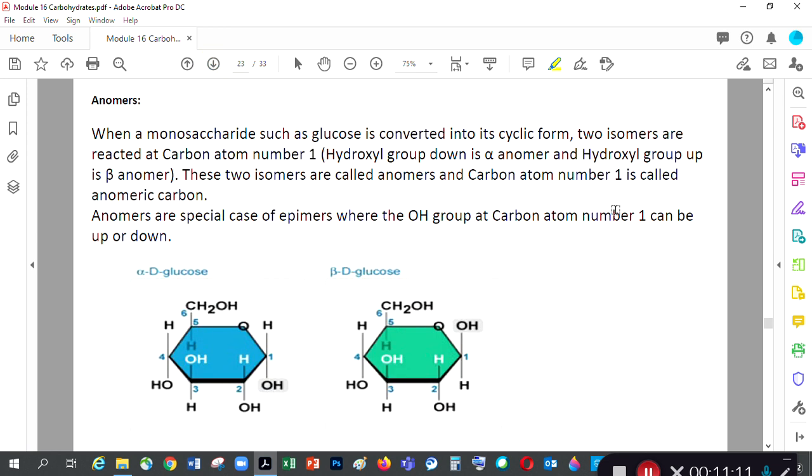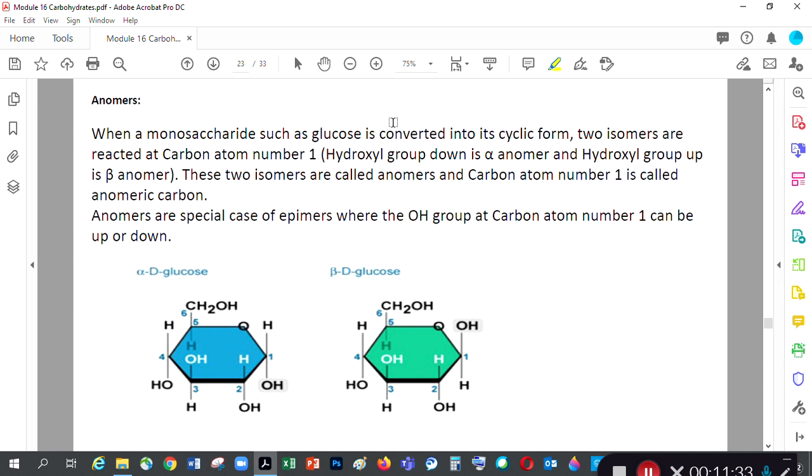Okay. Now we have another one. So far we have two: epimers and enantiomers, correct? Enantiomers are not superimposable on each other. Epimers differ in the hydroxy group at a certain carbon number, up or down or left or right.